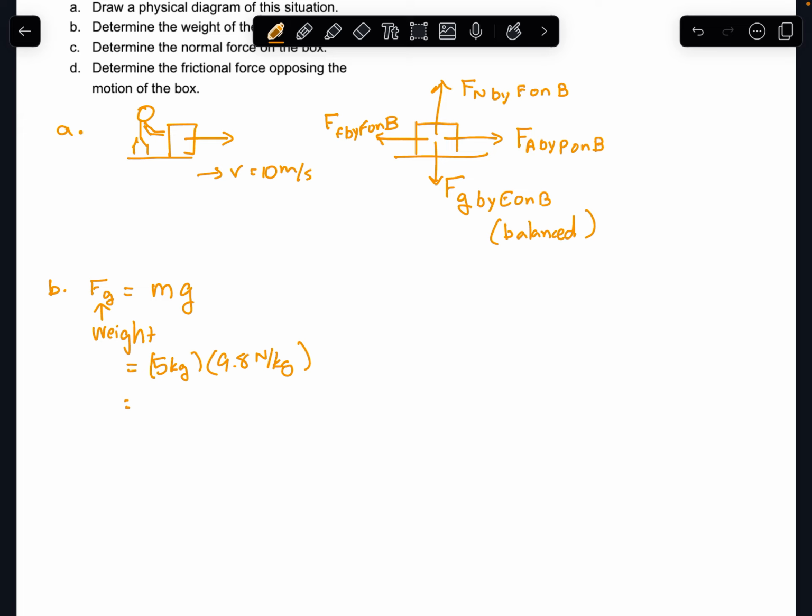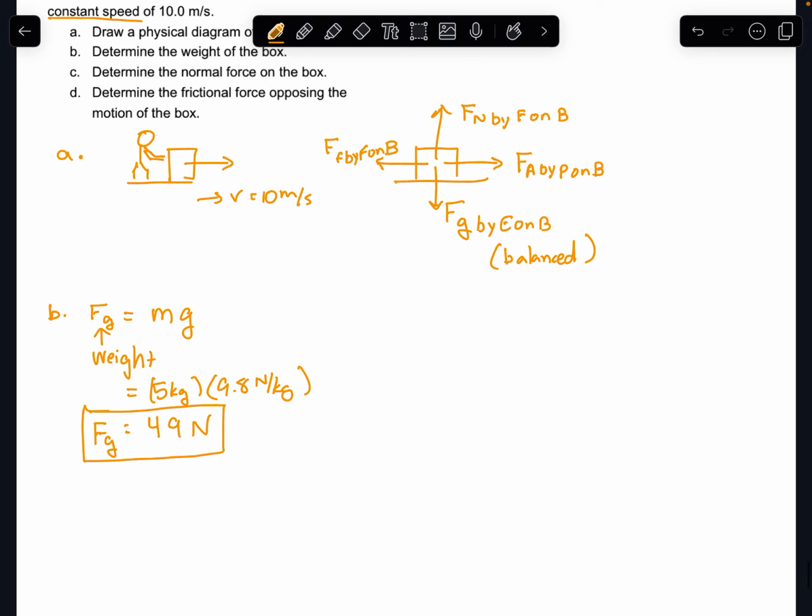A reminder that when you're working on paper, you should always use a calculator. Reserve the approximations for times when you are working on a whiteboard or in person in class. The weight of this box is 49 newtons.